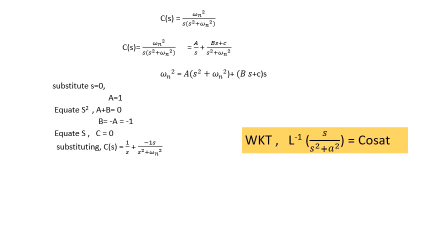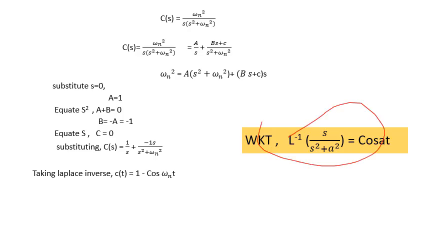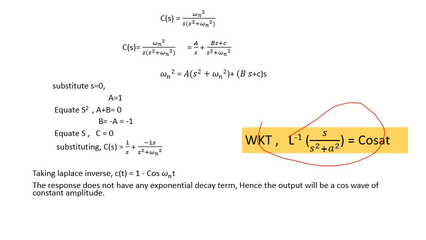We know that the inverse Laplace of s divided by s square plus a square is equal to cos a t. If I take the inverse Laplace of 1 by s, it is 1, and I substitute this value over here. So what do you get? Minus cos omega n t. When I look at this expression, I can see that there is no exponential decay term present.